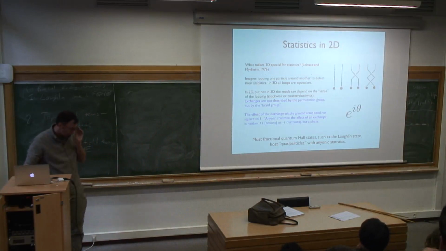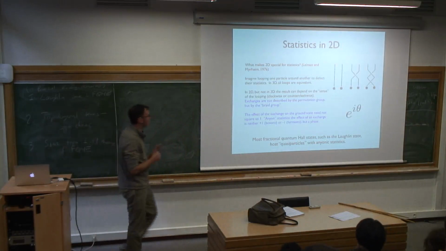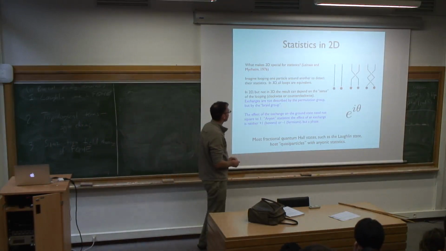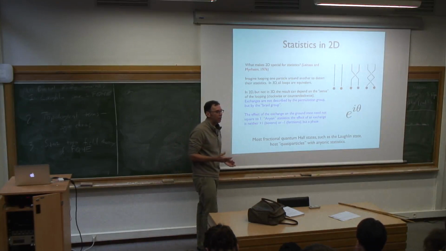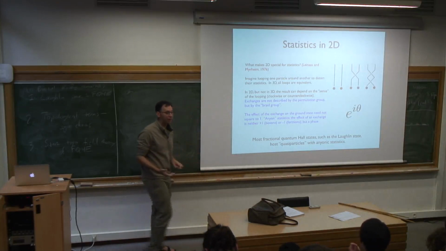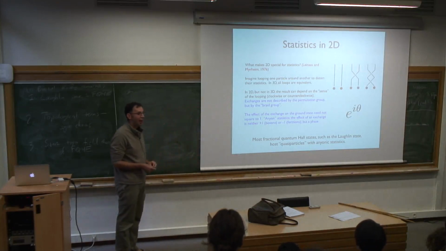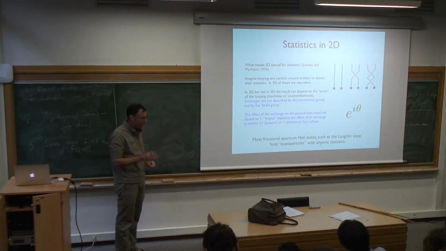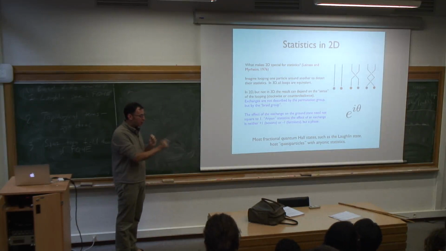So why is 2D special? In 3D, you learn something when you take quantum mechanics, but there's a hidden assumption in it, which is the following. You write down a wave function for identical particles, and the assumption that's kind of hiding in the background is that what we should think about is just permutation of labels.